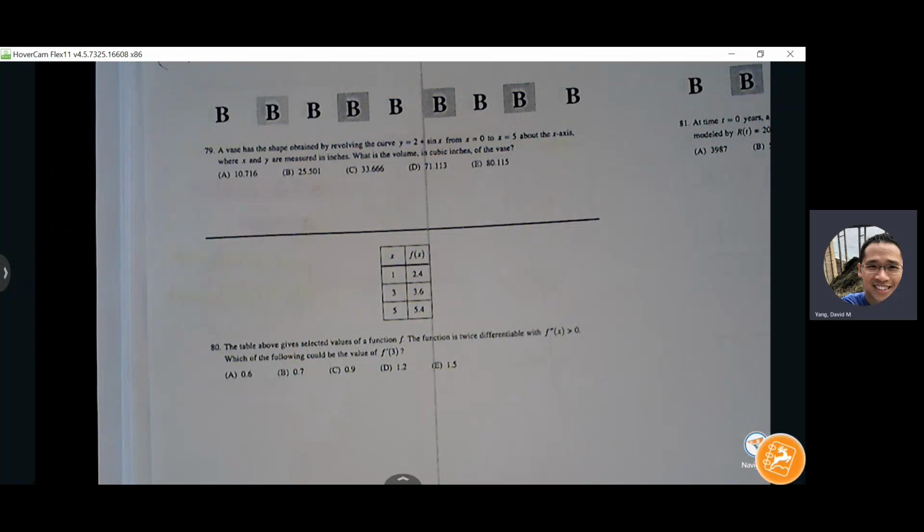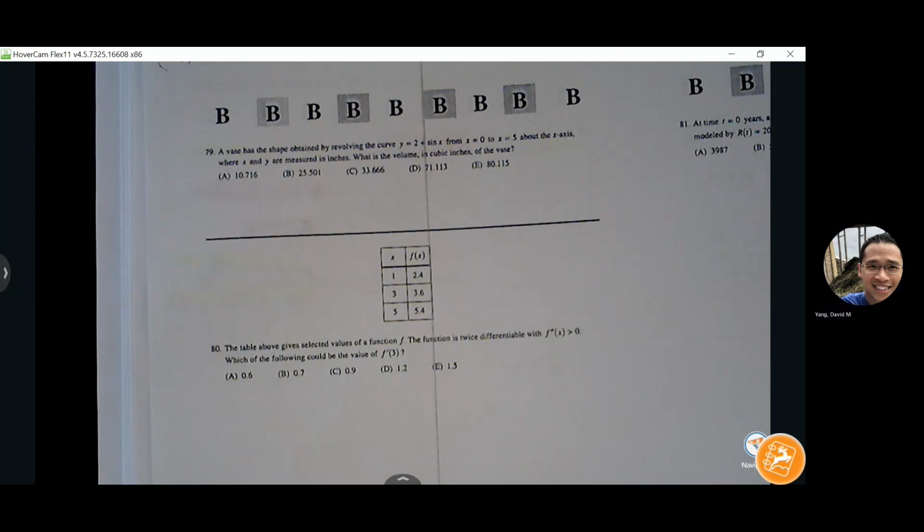A vase has a shape obtained by revolving the graph y equals 2 plus sine of x from 0 to 5 above the x-axis, where x and y are measured in inches. What's the volume of the vase? Right, so about the x-axis.